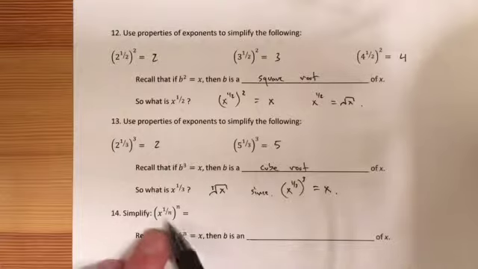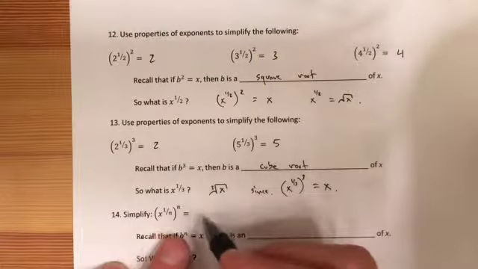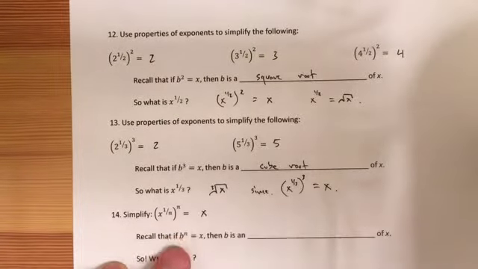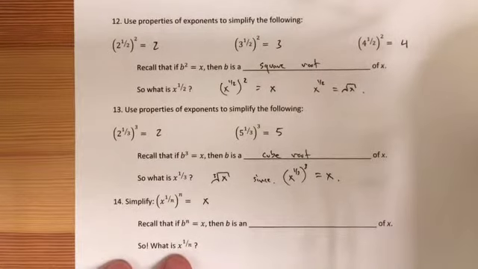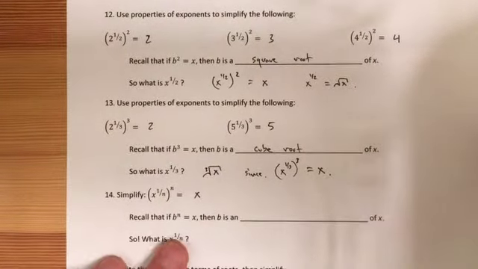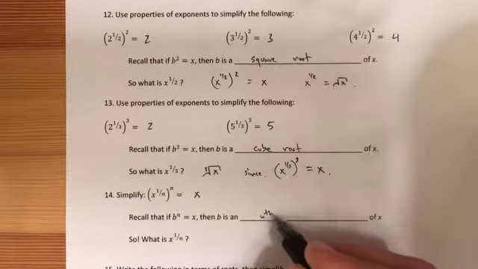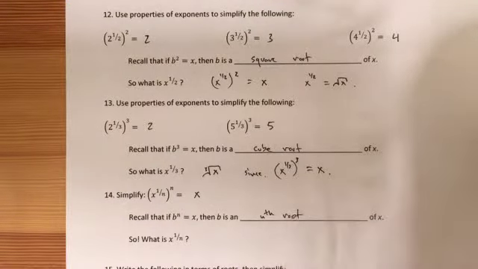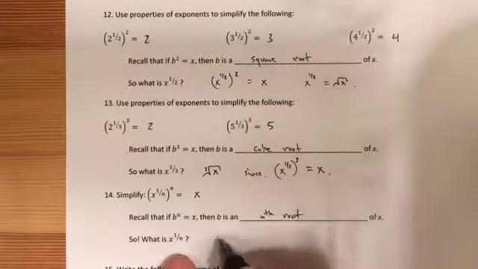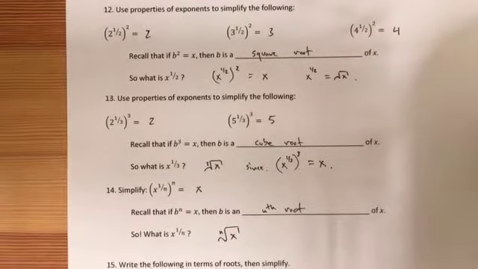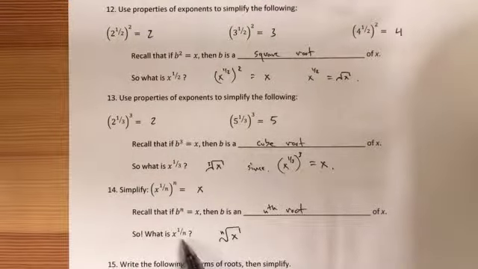Okay, so x to the 1 over n, to the n, well, what is that? That's just x, because you multiply n times 1 over n. So recall that if b to the n equals x, then b is an nth root of x. So what is x to the 1 over n? Well, it is the nth root of x. So we now want to be recognizing that a fractional exponent is giving us a root.